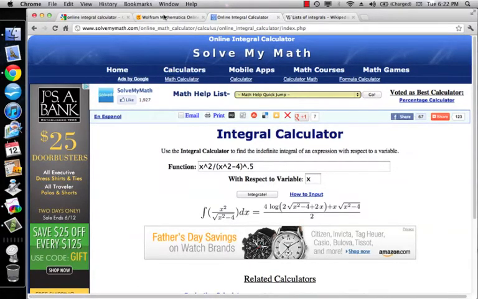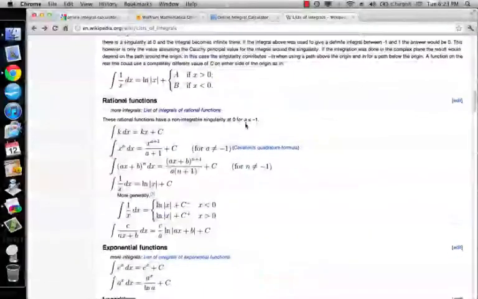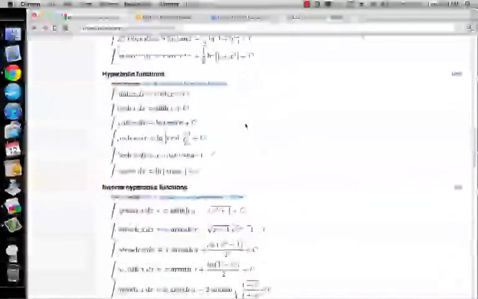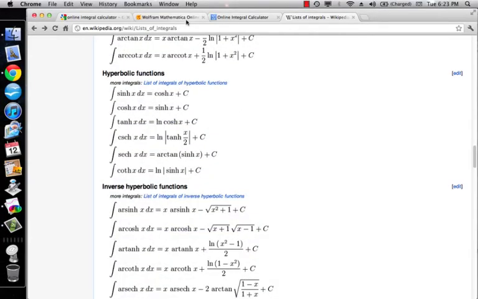So these are two that I use. I'm sure there are others out there. But basically you should be aware of online integrators that more or less replace the integral tables. So you don't really need these tables because you can replace them with these two.